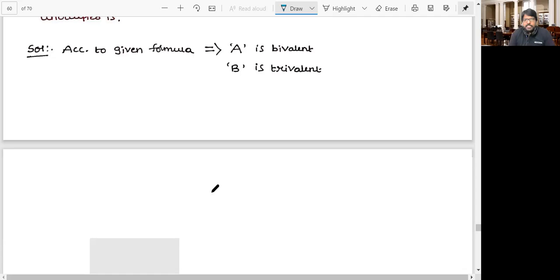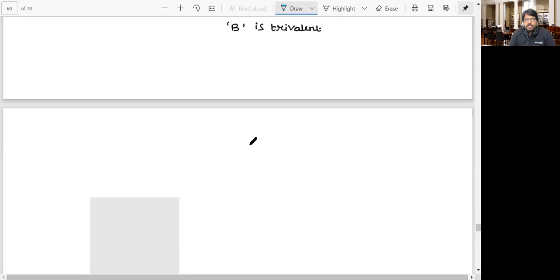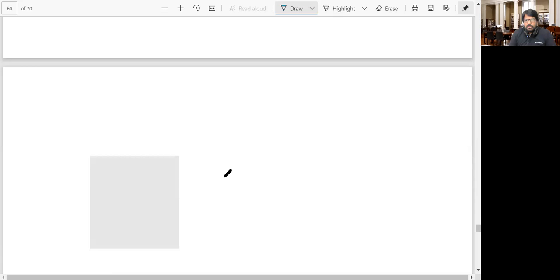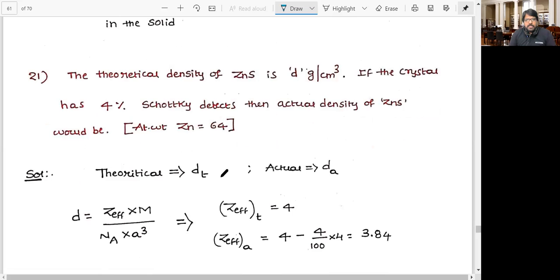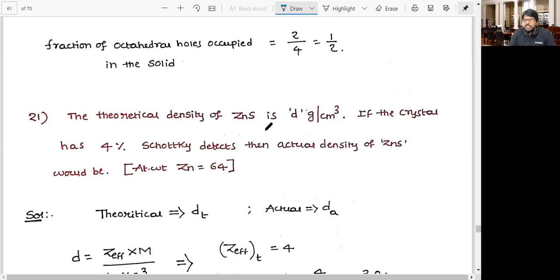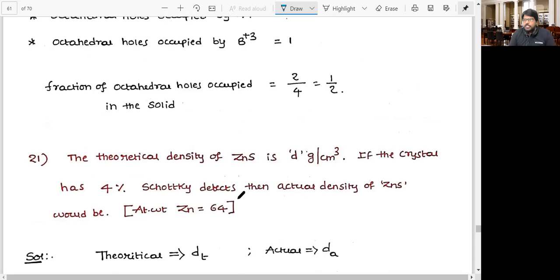In fact, we need to solve some questions on diamond cubic also, and the Schottky defects and Frenkel defects questions we could solve. And of course the theoretical density: if the crystal has 4% Schottky defects, it will decrease the density. Zinc sulfide, so 4 ionic pairs, we are expecting 4.